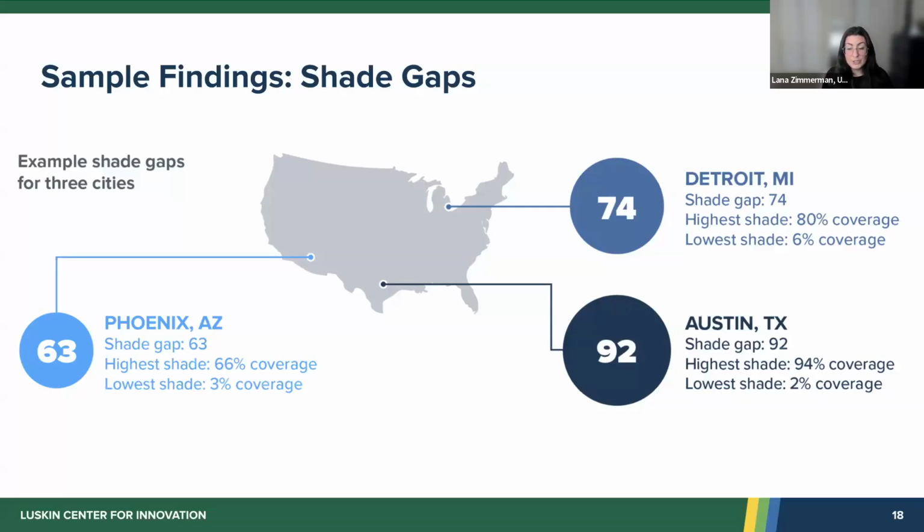Shadier cities might have shade deserts, where less shade means less time in the day when it's safe to be outside. And even cities with little overall shade may have shade oases, where more shade enables people to spend more time outdoors. Shade gaps can further exacerbate other inequities, which include environmental racism.